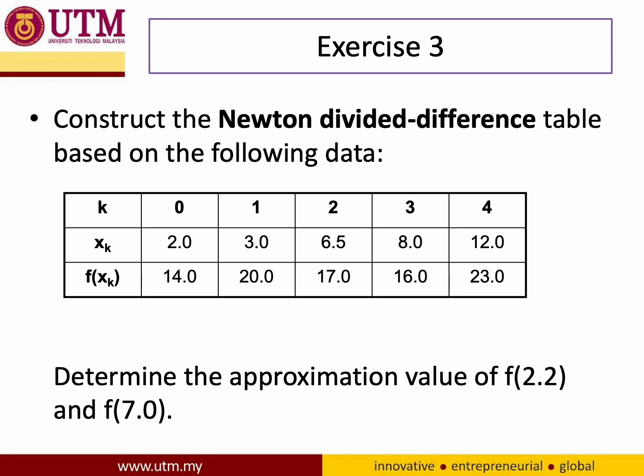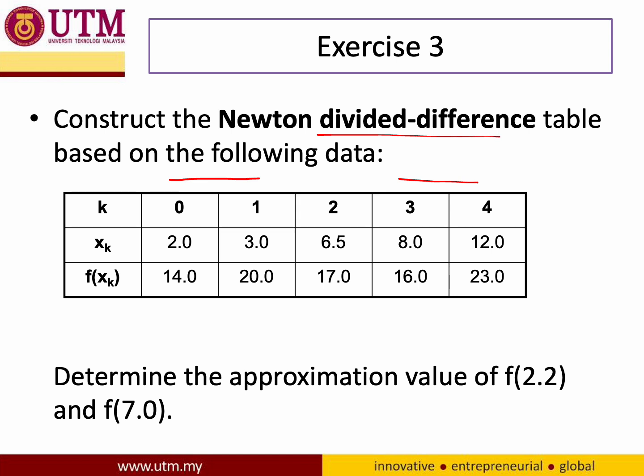The forward, I think I mentioned before, is more towards the front end of the table, Newton backward towards the end, right? But for Newton divided difference here, it depends.